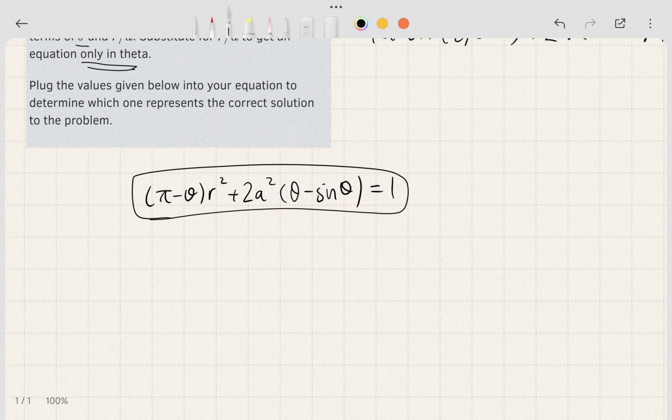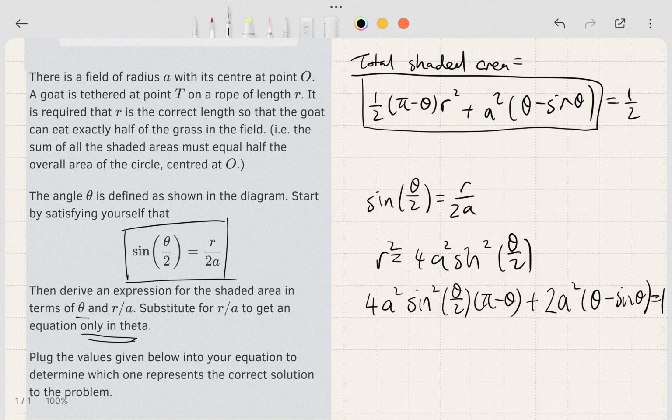So we have this, right? What we want to do is divide both sides, I guess, by a squared. So pi minus theta times r squared over a squared plus 2 theta minus 2 sine theta is equal to, in fact, this.